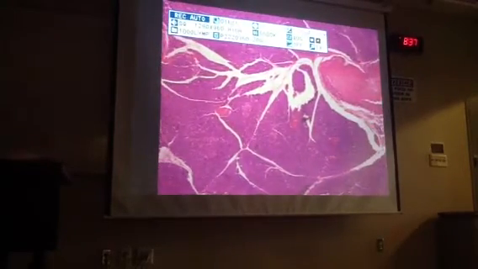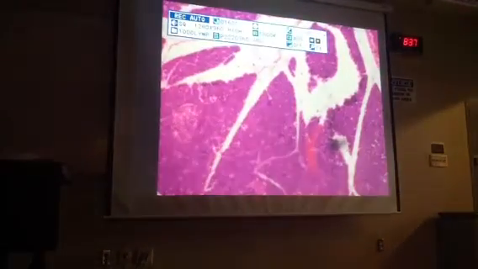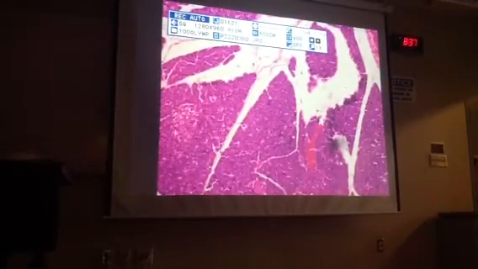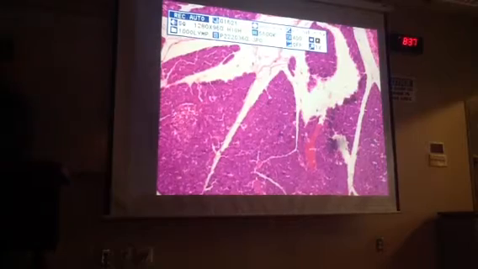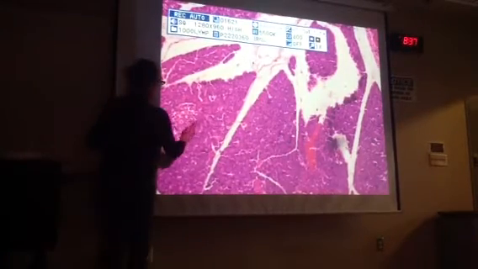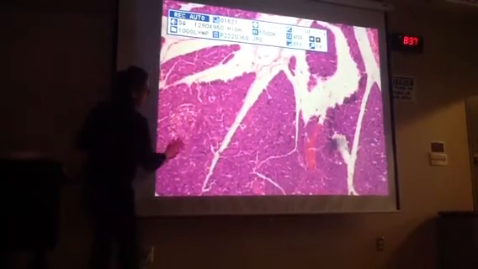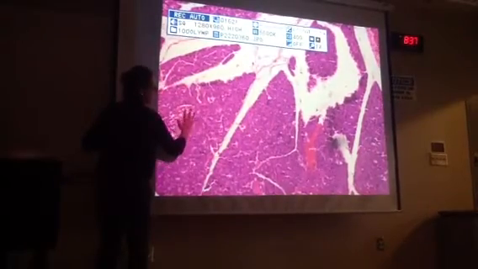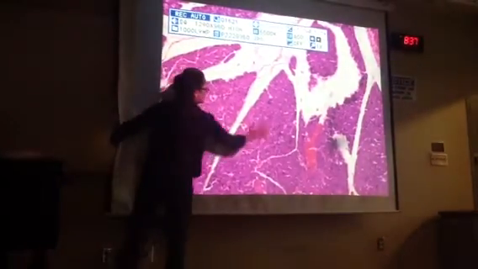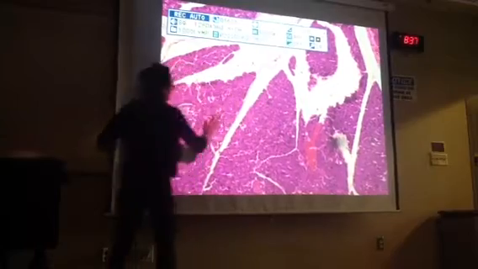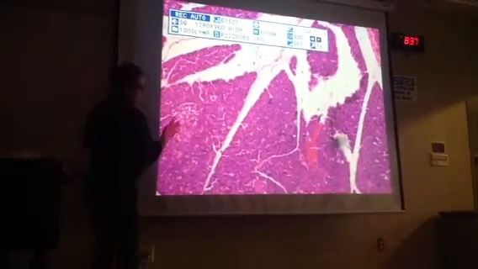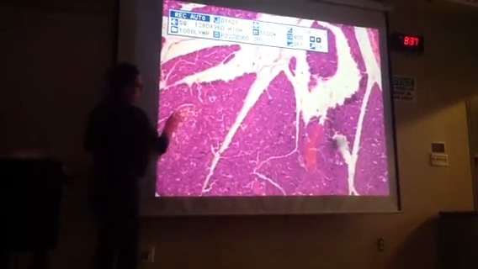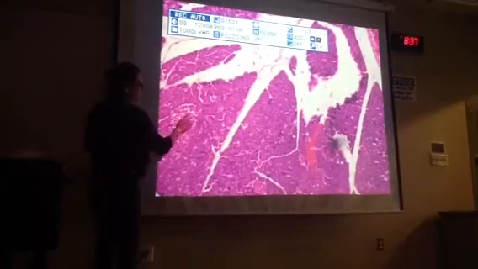If we would go up to 10x, this is a good magnification too. You should still be able to see your islets. It's a group of cells that are staining a little bit lighter than these other cells out here. You can see that there are capillaries running around it and then within it.